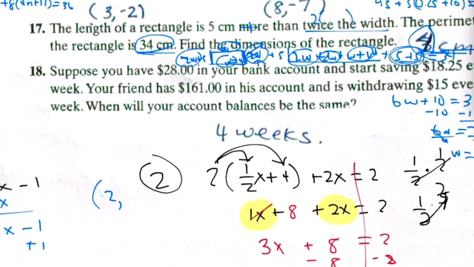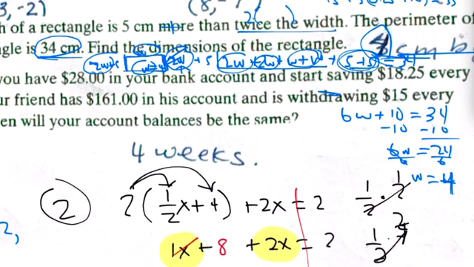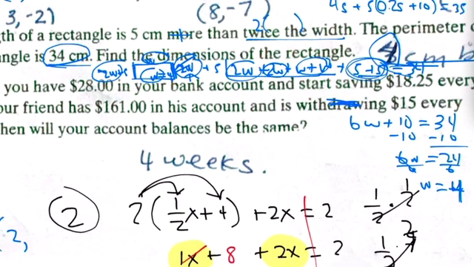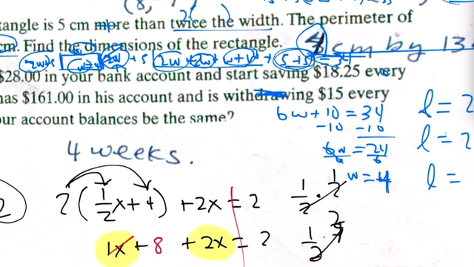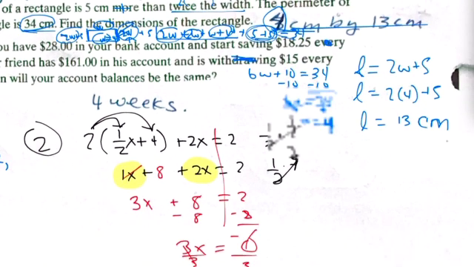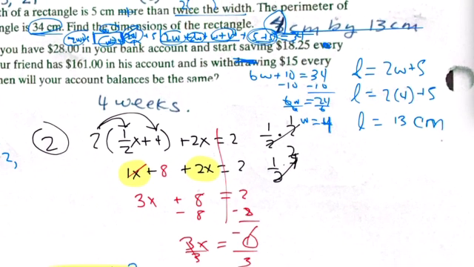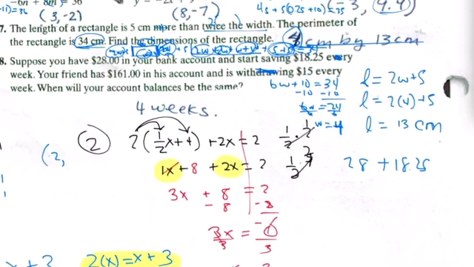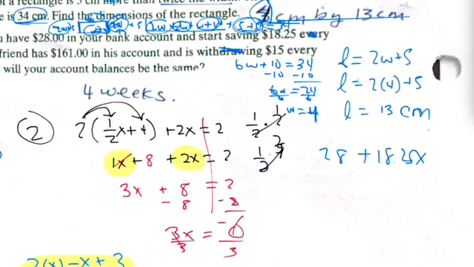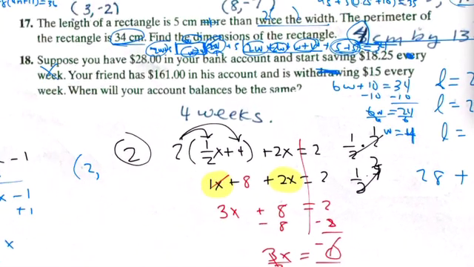So let's see if we can. Withdrawal is subtract. Okay. Every parentheses multiplication. So 28 plus 18.25x. X represents the number of weeks. Okay.